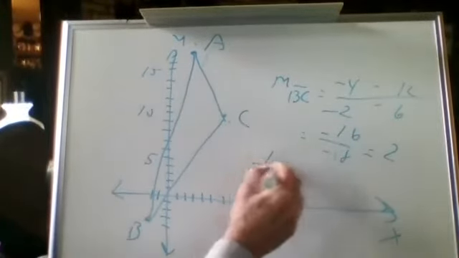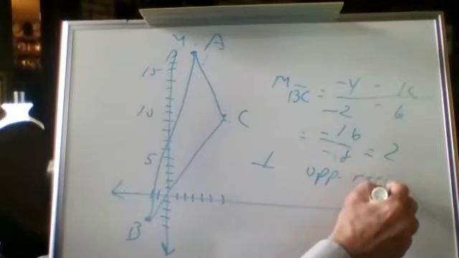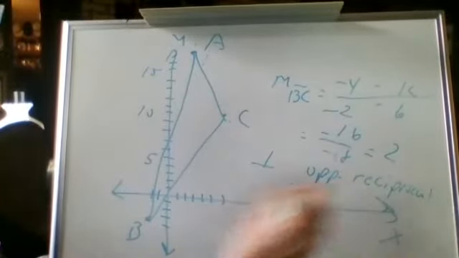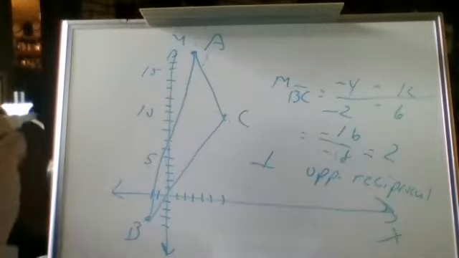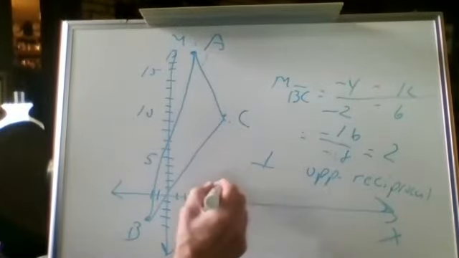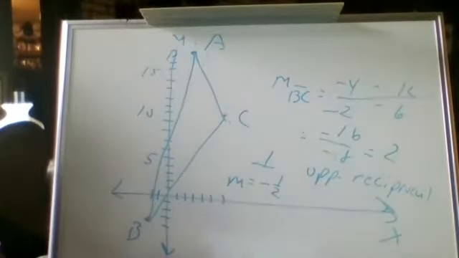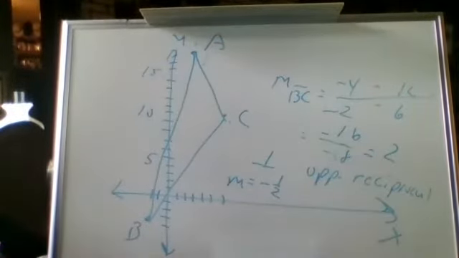So an altitude is perpendicular. Perpendicular, remember, is the opposite reciprocal. The reason we're doing this lesson is for algebra review, getting you guys ready for next year. So the opposite reciprocal of 2 would be -1/2, okay? So my slope has to be -1/2.